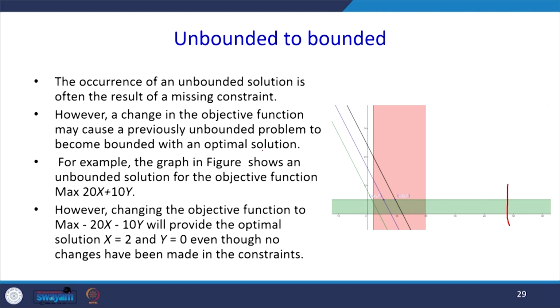For example, the graph shows an unbounded solution for the objective function 20x plus 10y. However, changing the objective function to minus 20x minus 10y will provide the optimal solution when x equals 0 and y equals 0.